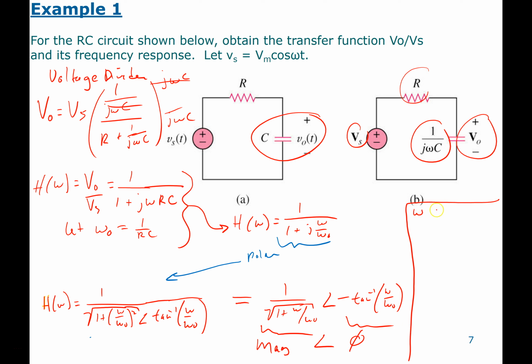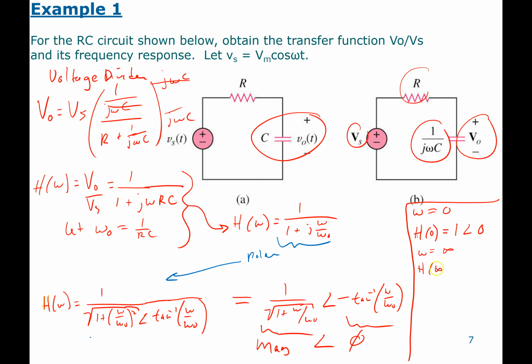So suppose omega equals 0. What is our response going to be when omega equals 0? It's 1, right? It's going to be 1 with an angle of 0. And what about when omega equals infinity, at really high frequencies?